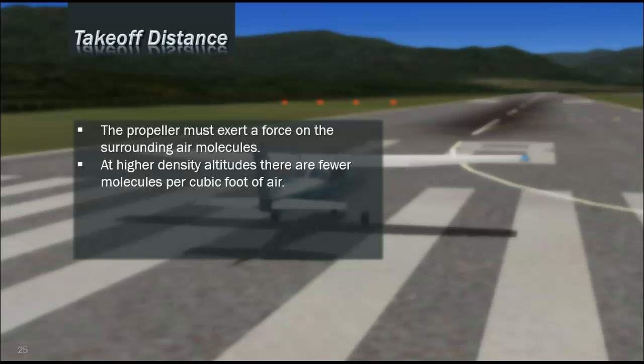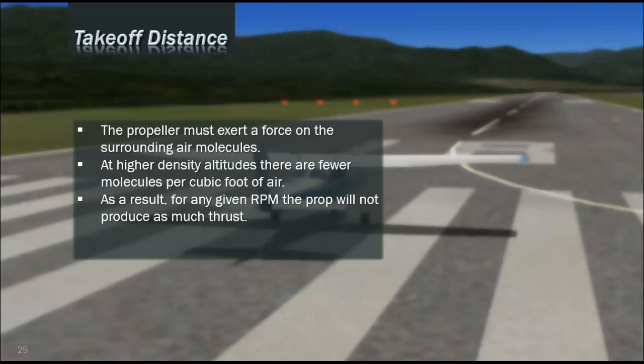So a higher density altitude is actually less dense air. With a high density altitude, there are fewer molecules for the propeller to push. As a result, for any given RPM, rotations per minute, the prop won't produce as much thrust. So you'll have a longer takeoff run and then lower climb performance as a result.